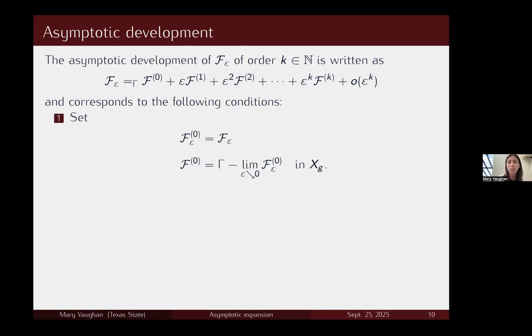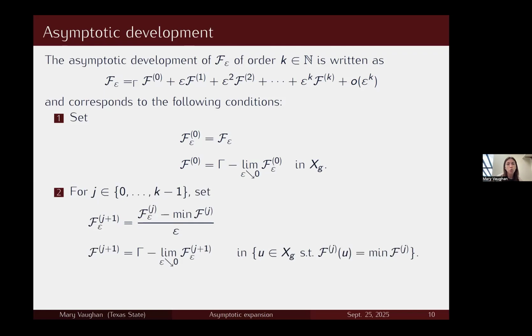The first one I already said out loud: F epsilon, our energy, gamma converges to F0. If you don't have that, you can't do any other higher order asymptotics. So suppose you have that. And for the next one, I'm just going to trivially call F epsilon 0 F epsilon. And that convergence happens in X or in XG.